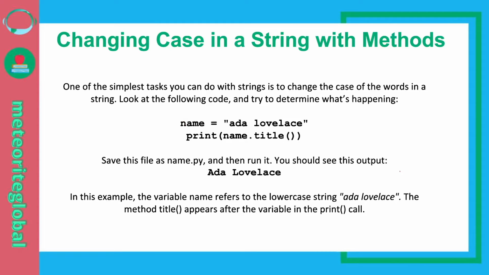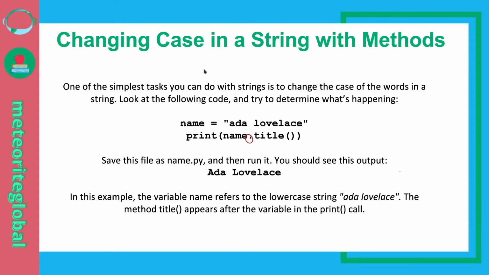Now we're going to look at changing case in strings. A method is an action that Python can perform on a piece of data. The dot after the name in name.title tells Python to make the title method act on the variable.